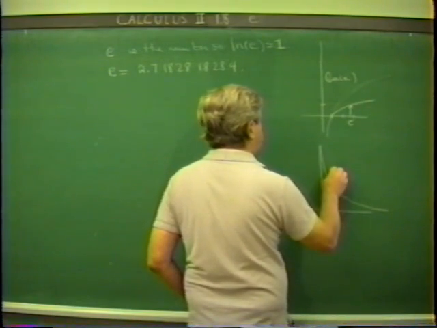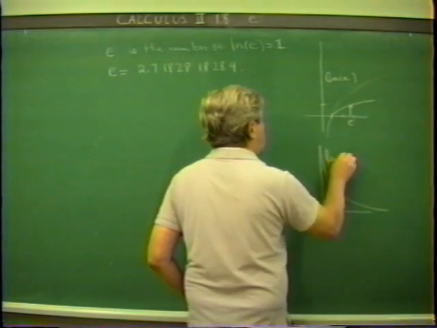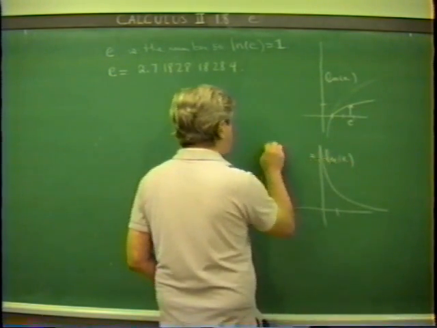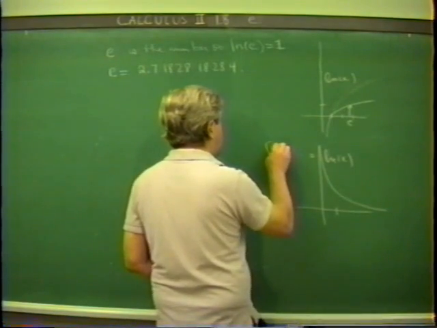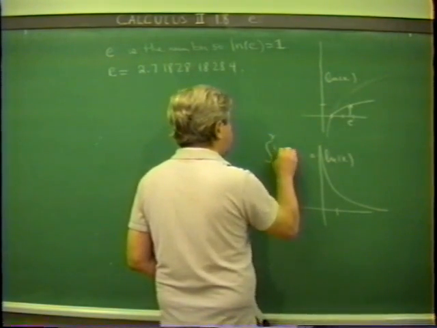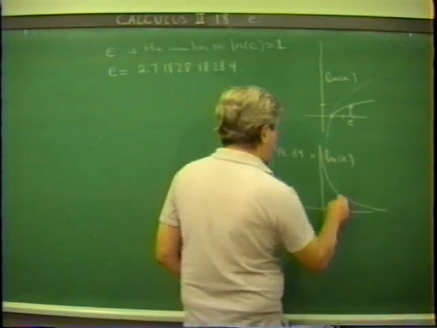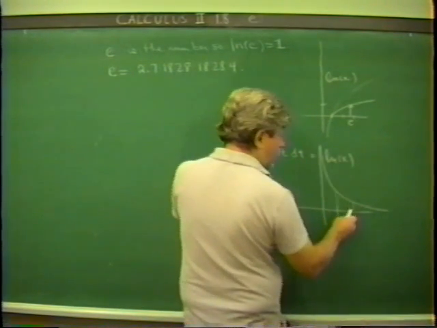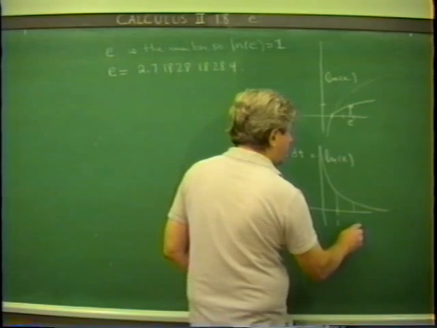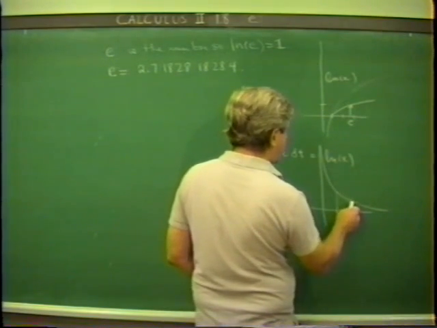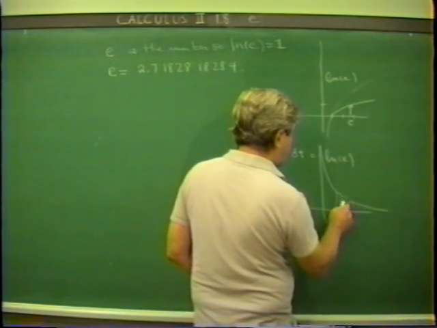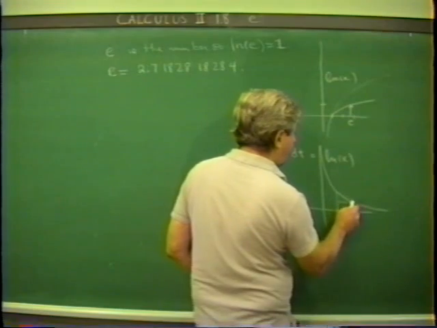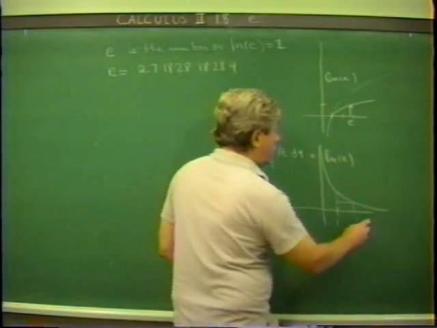Since ln of x is the integral from 1 to x of 1 over t dt, you can see here that, for example, if we go out here between 1 and 2, we're not going to quite get to 1 yet.